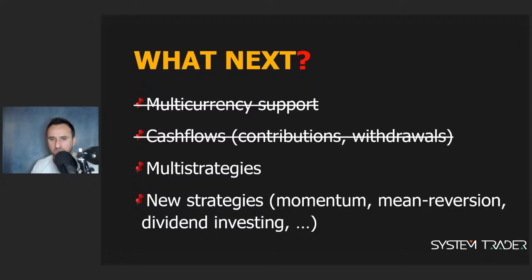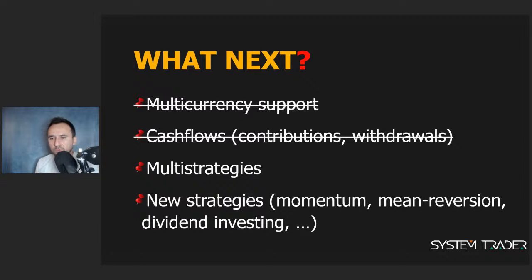And then what's next in the pipeline? Multi-strategy, so that you can, for example, say, okay, I will build my long-term portfolio solution. I will put 90% into some passive portfolio because that's the way I want to go, and 10% I would like to maybe allocate to one of the active strategies. Not to say that it's play money, because I showed you the active strategies, which I think are very reliable.